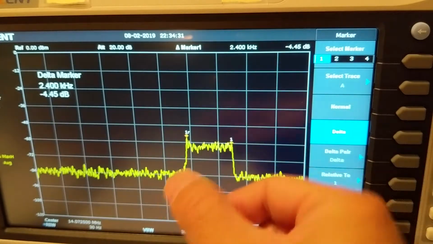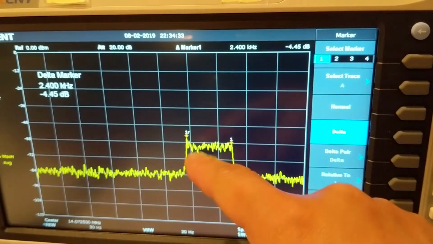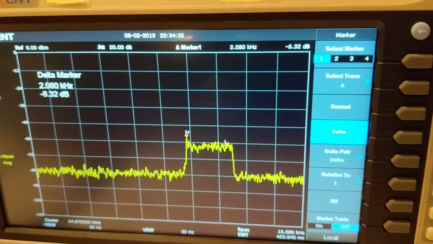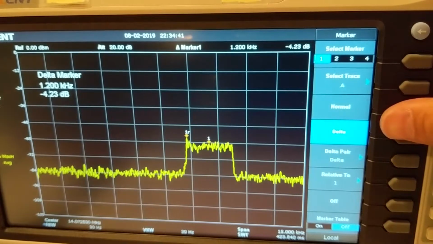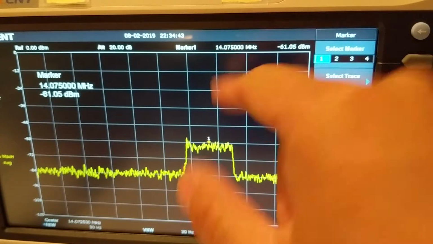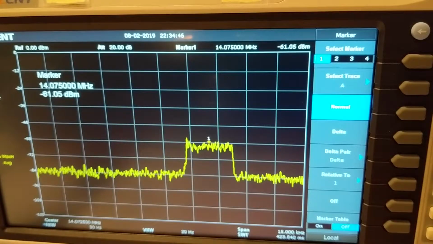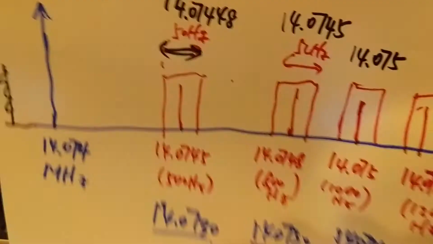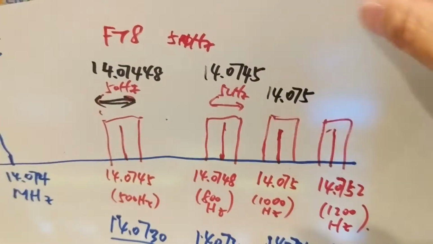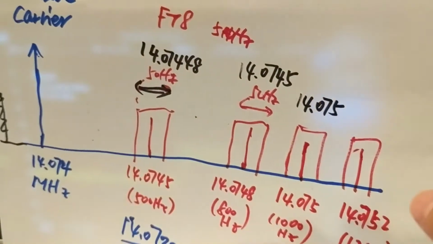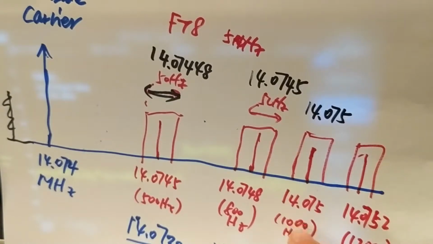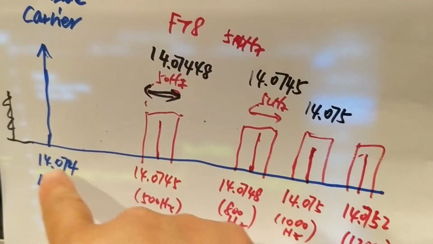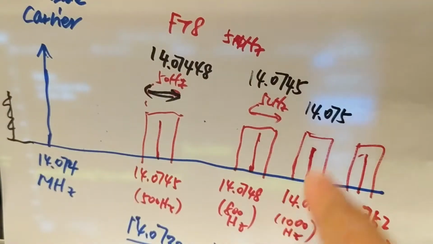The bandwidth is the entire audio frequency, 2.4. Let's look at the center frequency: 14.075, 14.075. Look at our prediction. We expect it's 1000 hertz above the nominal frequency, so they match quite well. That's why 1200.